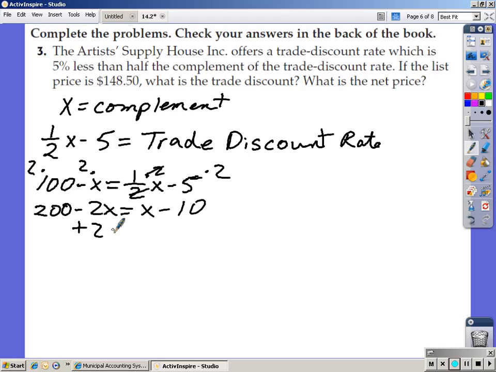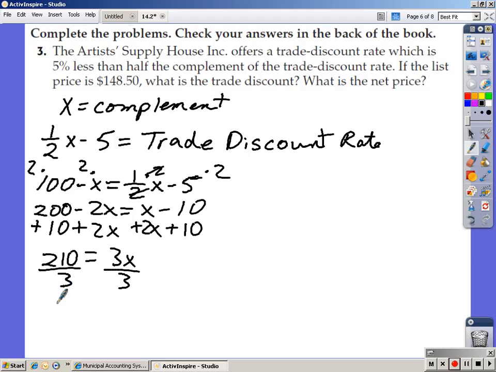Add 2x to both sides. Add 10 to both sides. You get 210 equals 3x. Divide everything by 3. 70% equals x.